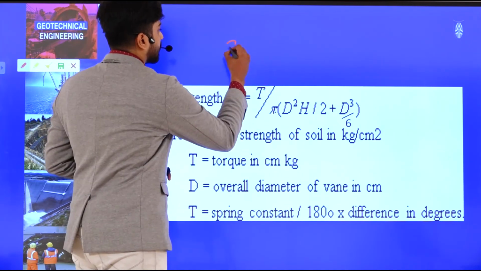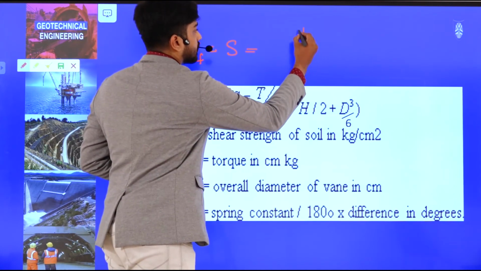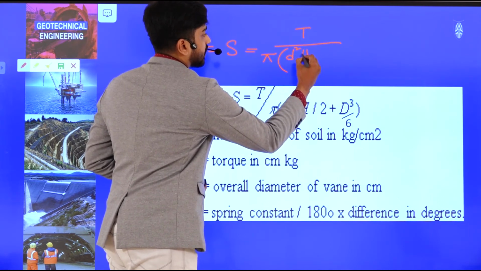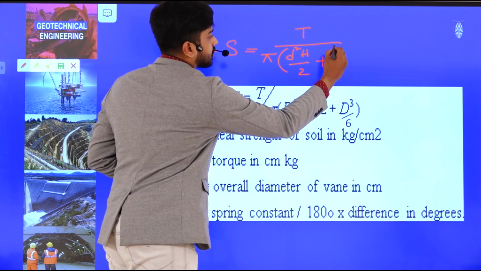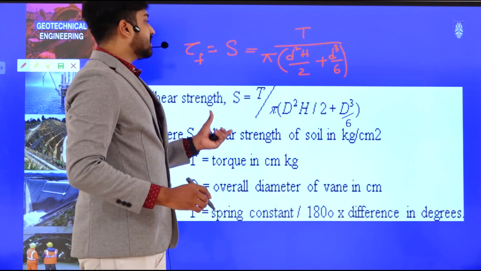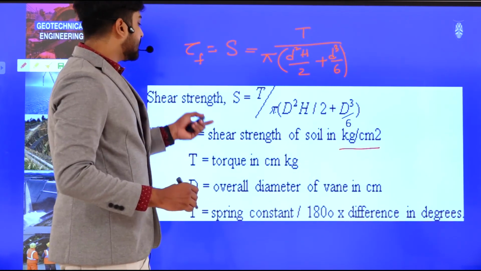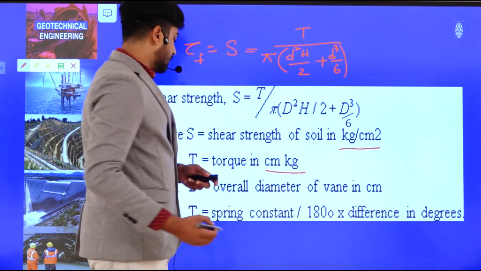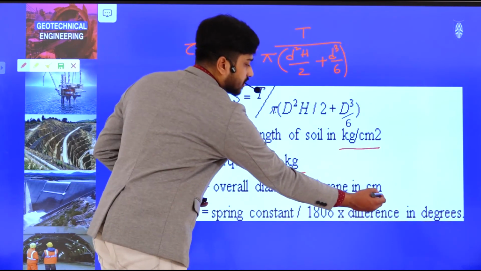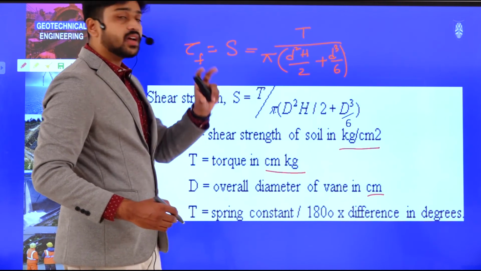Let me write it once again. The shear strength tau F is given by T by pi into (d square h by 2 plus d cube by 6), where S or tau F is the shear strength of the soil in kg per centimeter square, T is the torque in kg centimeter, d or capital D is the diameter of the vane in centimeters, and h is the height of the vane.